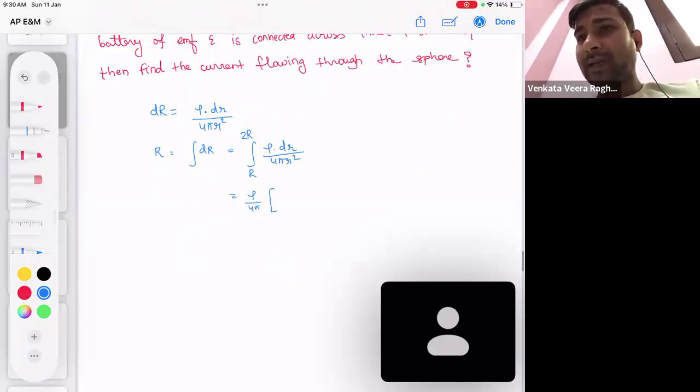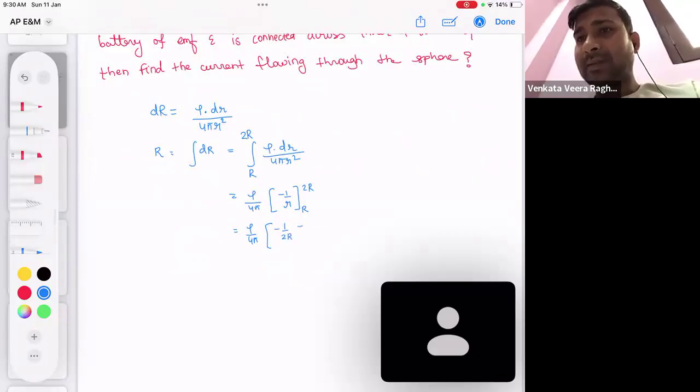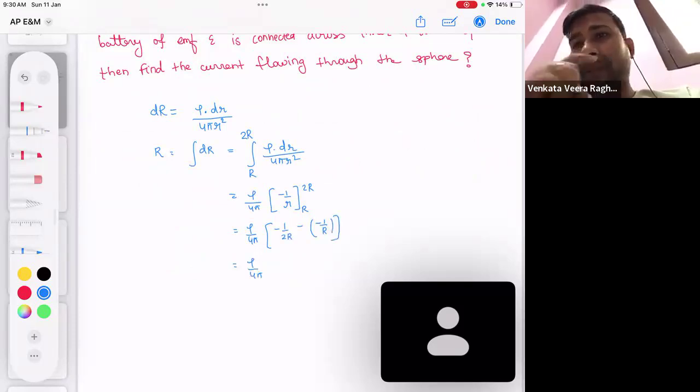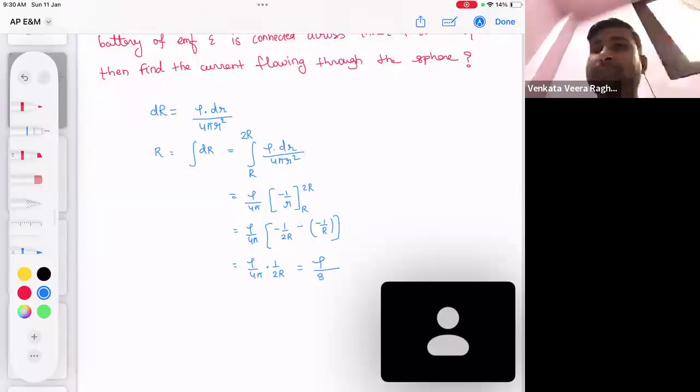Limit is r to 2r. Rho by 4 pi. If you put the limit, upper limit minus 1 by 2r, and lower limit minus 1 by r. Rho by 4 pi, 1 by r minus 1 by 2r. That will come 1 by 2r. So what is the R equivalent we are getting? Rho by 8 pi r we are getting.